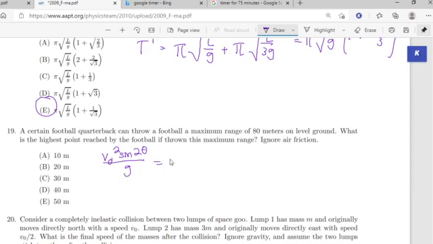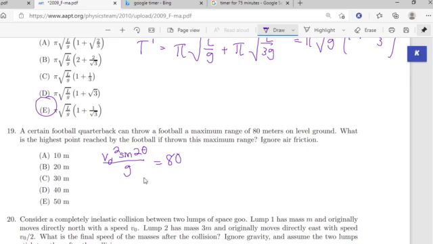Okay, and then the problem said this is 80. Okay, it says what is the highest point reached by the football if thrown this maximum range?